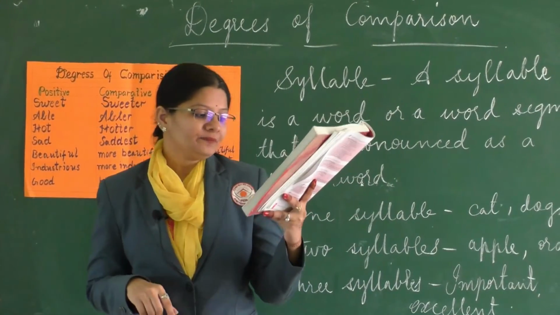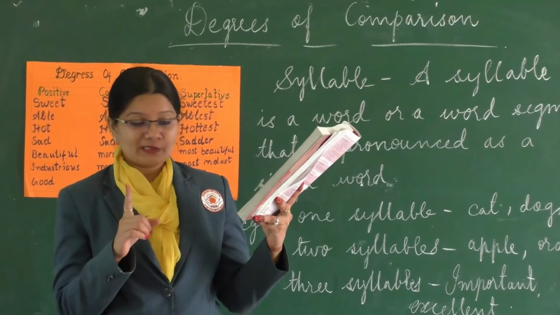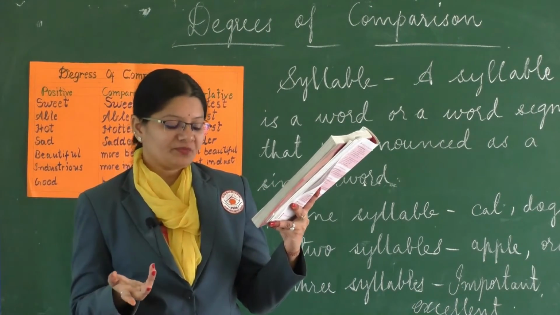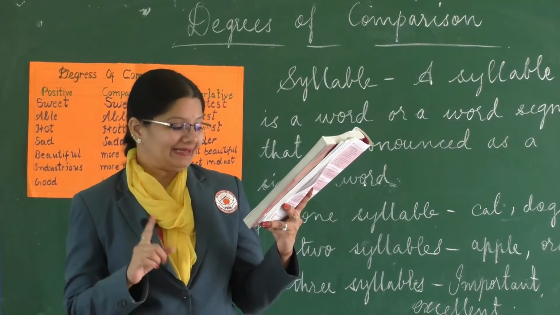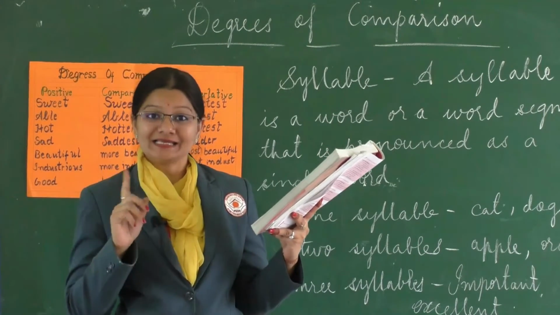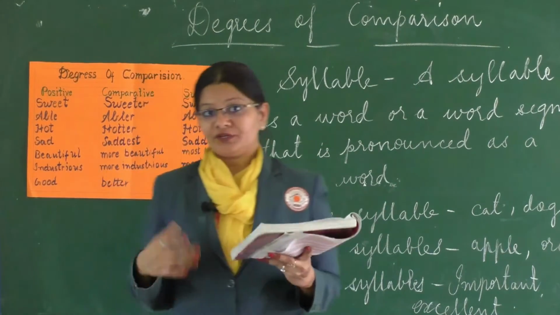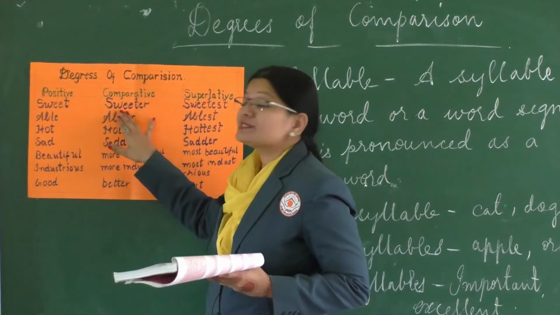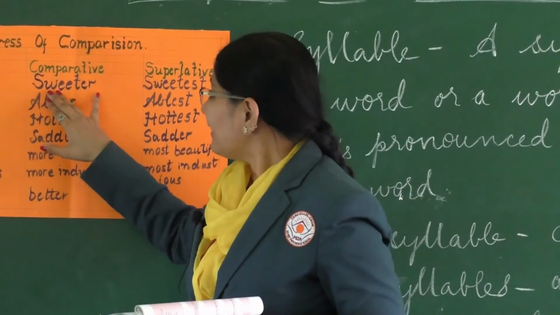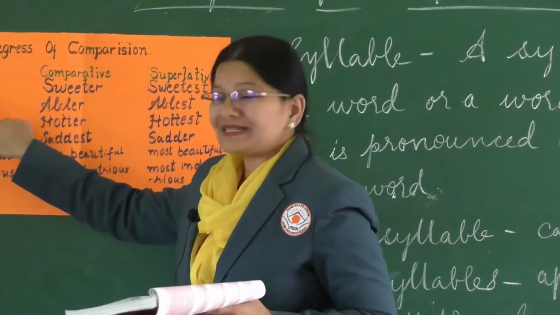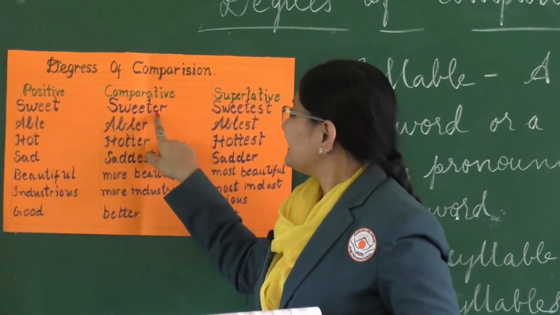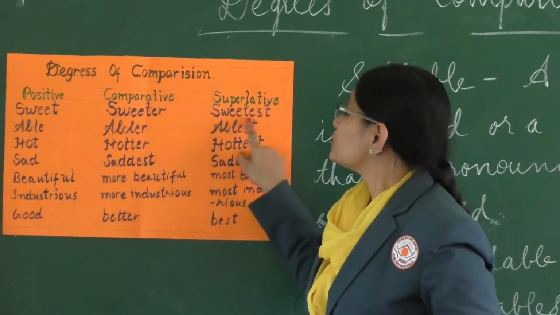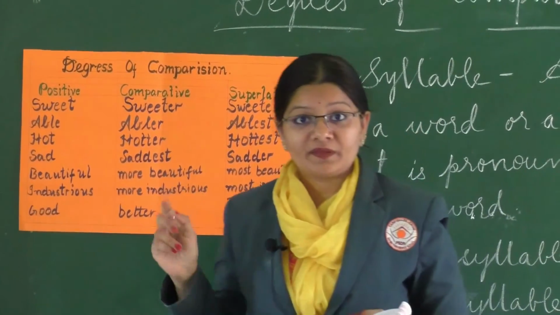So the first one: most adjectives of one syllable and some of more than one form the comparative by adding er and est to the positive one. For example, sweet, and then it is sweeter. This is er, right? This is a one-syllable word. You are adding er to it, and then you are adding est, that is sweetest, to this word.